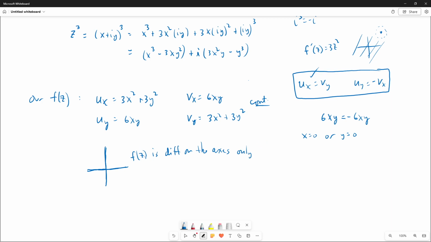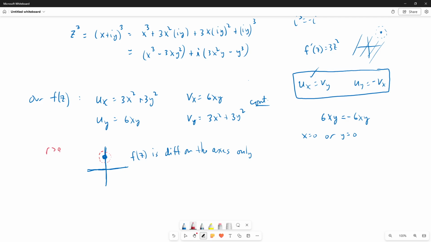So where is f of z analytic? If we take a point on either axis and we make a disk around it, then our function is not differentiable in that disk, no matter how small we take the disk. As long as the radius of the disk is strictly positive, then that disk will include points that are not on the axes, and so our function is not differentiable on any disk.